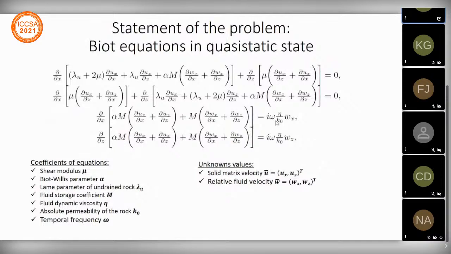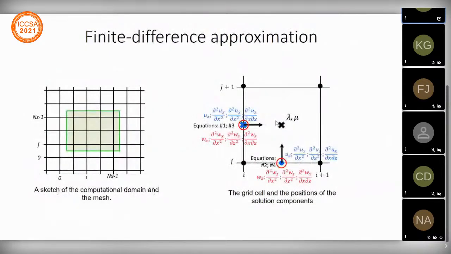So the first question here is how to solve this system of equations. The standard approach in seismic exploration in geophysics is to use finite differences, because the model is extremely complex, and it's almost impossible to use advanced techniques like finite elements, because we would never get a better approximation of the model than what we get from grid-based approaches using regular grids.